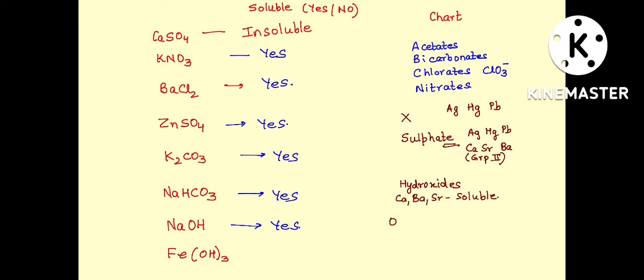When you do the salt test and the topic of ionic equilibrium, and also for writing our ionic equations, this concept is very useful. So that brings me to the last compound, ferric hydroxide. What about hydroxides? Yes, this will be insoluble, right?